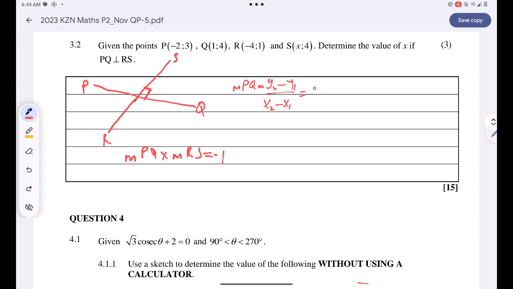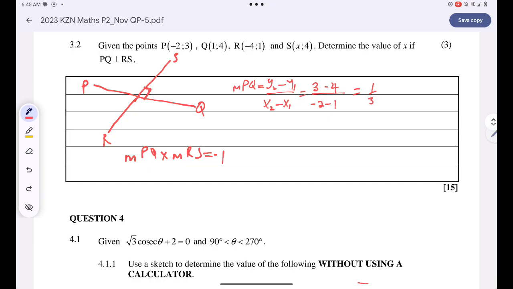I'll take the y value at P, which is 3, minus the y value at Q, all over the x value at P minus the x value at Q. This will give me -1 over -3. That will give me 1 over 3. Are you together?